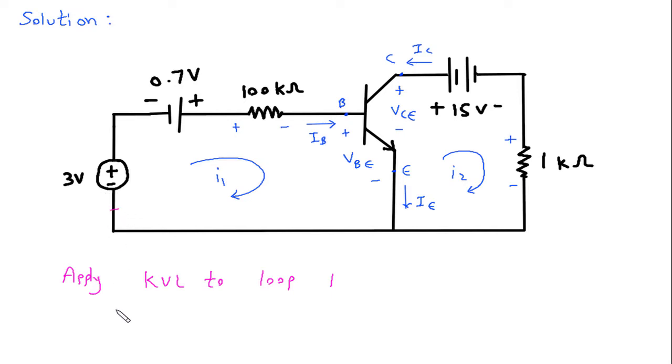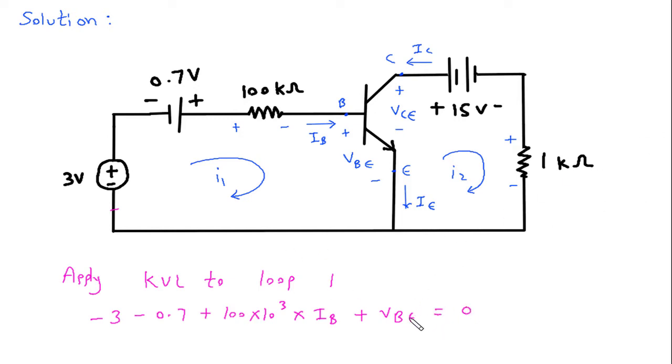So this will be minus 3 minus 0.7 plus 100 into 10 raised to 3 into current IB plus VBE is equal to 0.